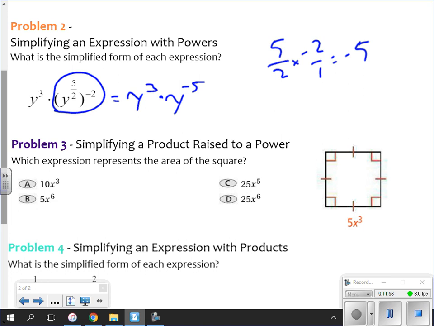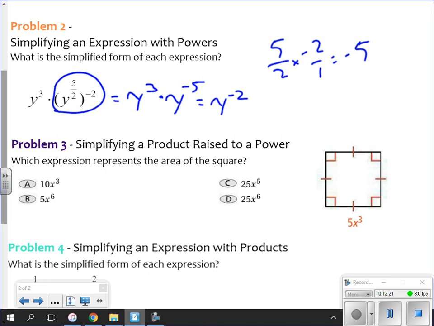Now I go back to y cubed times y to the -5th. My rules say that I'm multiplying, so I add my exponents. 3 plus -5 gives me -2. Now, am I finished?